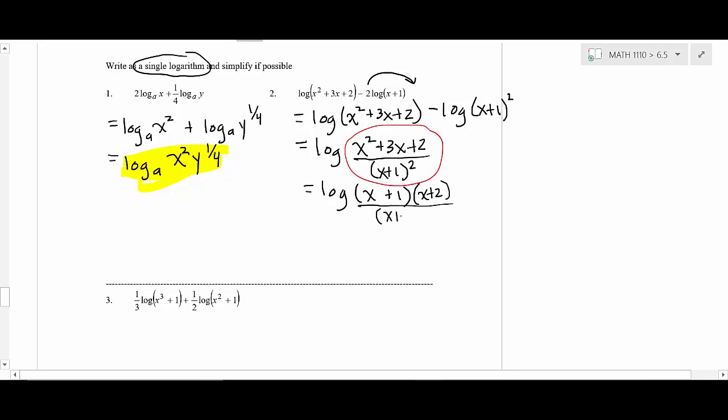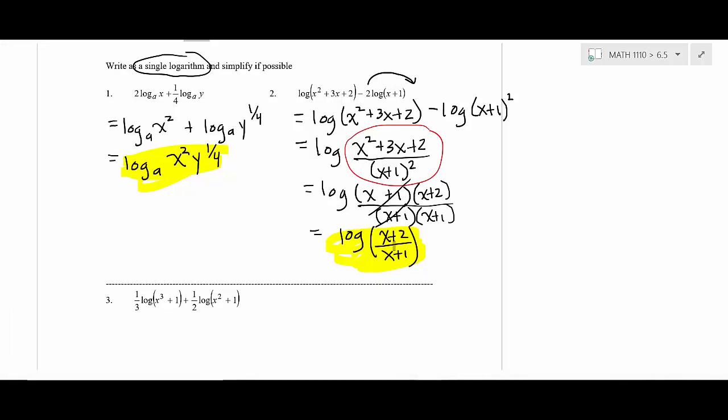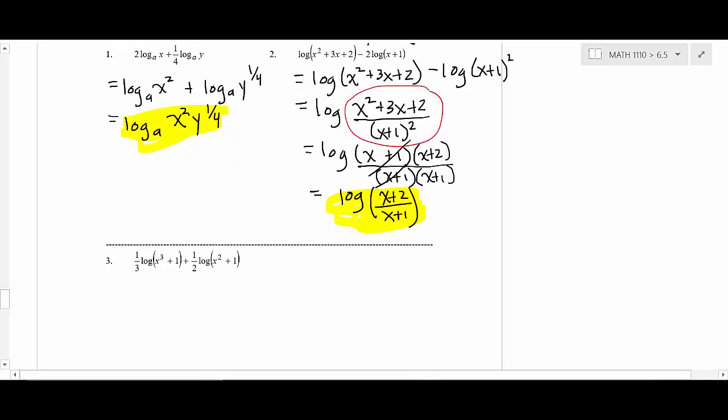And then the bottom is just x plus 1 squared, so I'm going to write it out twice. So you can go ahead and factor that argument and simplify that, so you would get log of x plus 2 over x plus 1 like that. So sometimes you can go through and simplify the expression when you do that, okay? But again, you start with bringing the number up to the exponent, then putting it together with a product or a sum or a quotient. That's the idea.